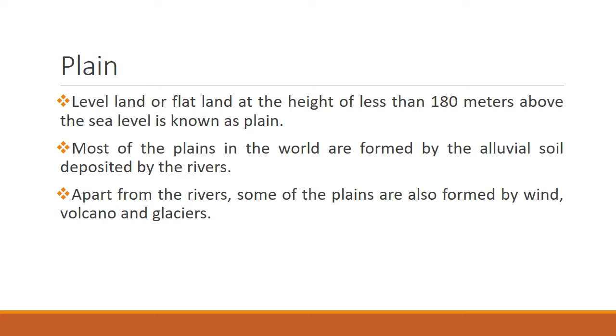Level land or flat land at the height of less than 180 meters above sea level is known as plain. If it is more than 180 meters, it is plateau. Most of the plains in the world are formed by the alluvial soil deposited by the rivers.